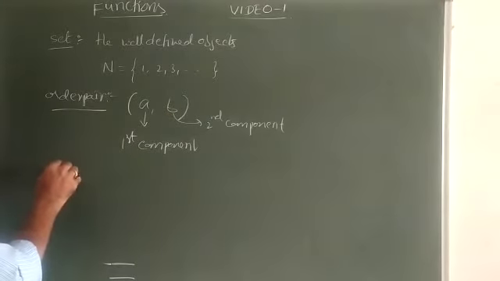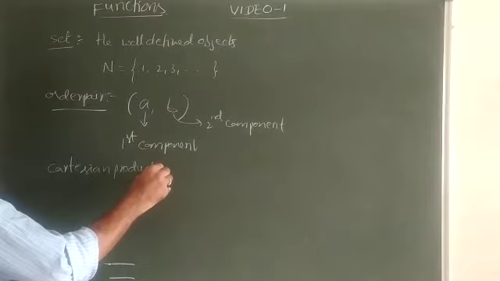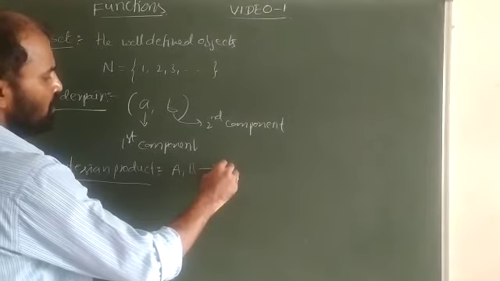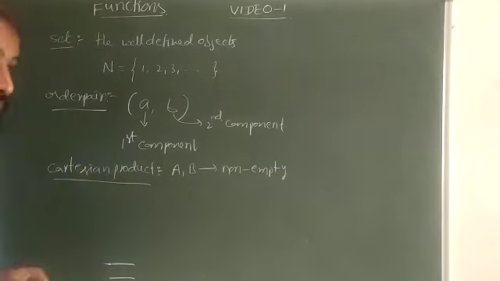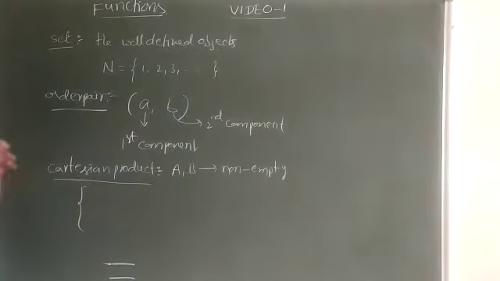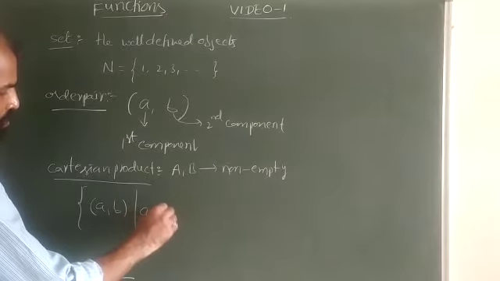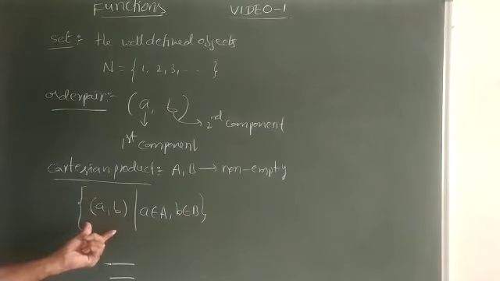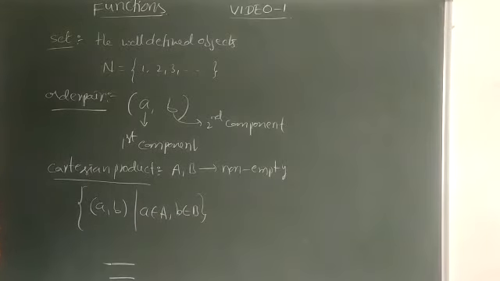Next, Cartesian product. What is a Cartesian product? If A and B are two non-empty sets, then the set of all ordered pairs (a, b), such that a belongs to set A and b belongs to set B, is called the Cartesian product.